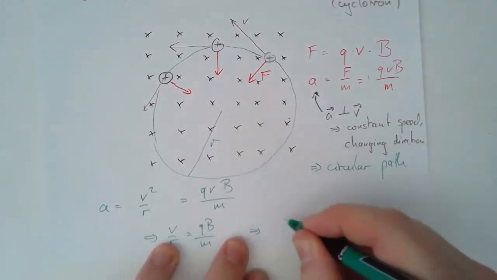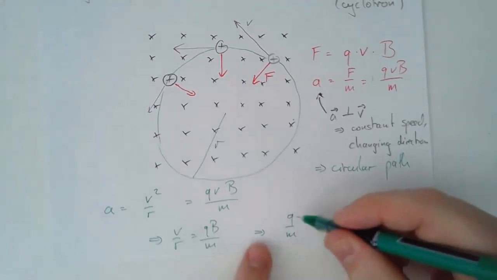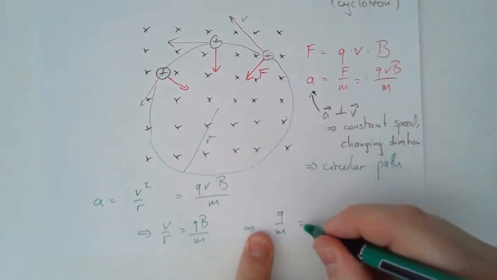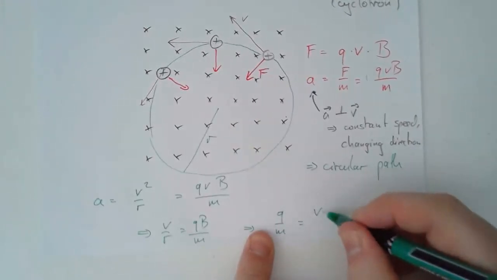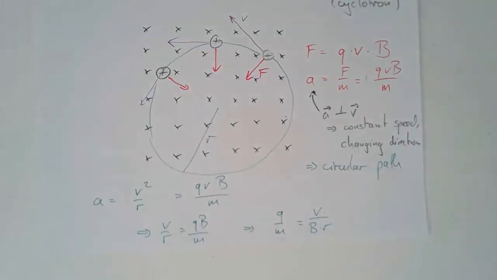It can be arranged if I want to as Q over M. Those are the things that depend on the particle that I'm using, is equal to V over B times R. Right. Now what's the point of this little algebra exercise?